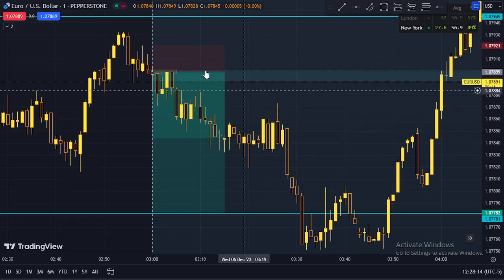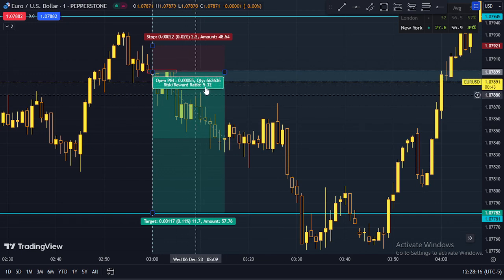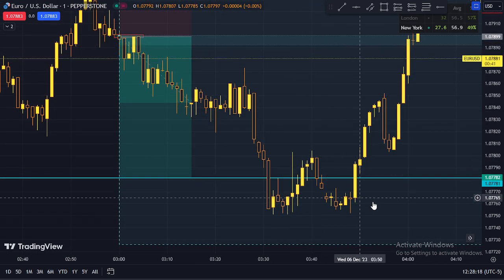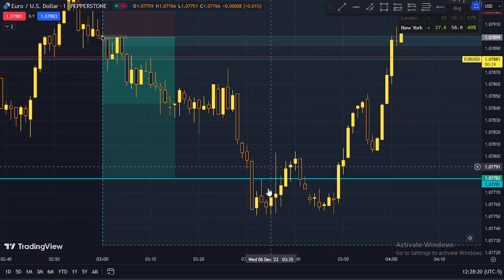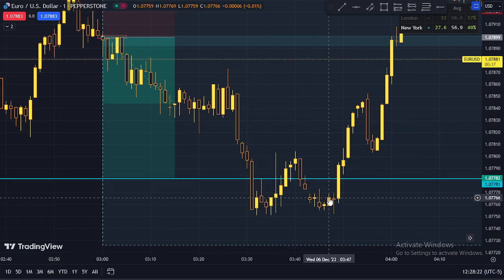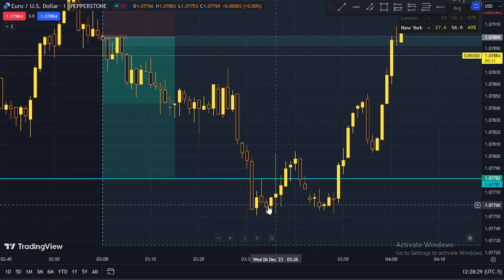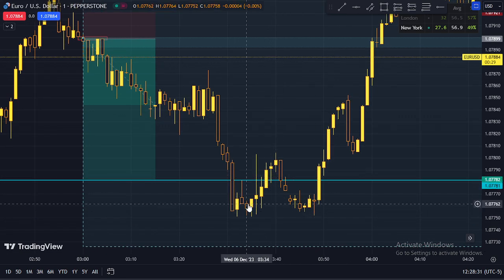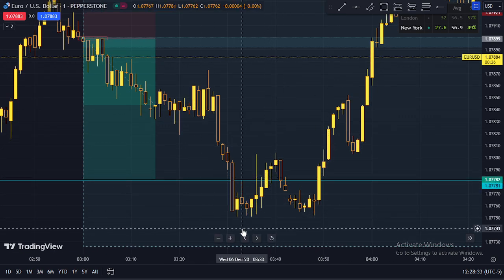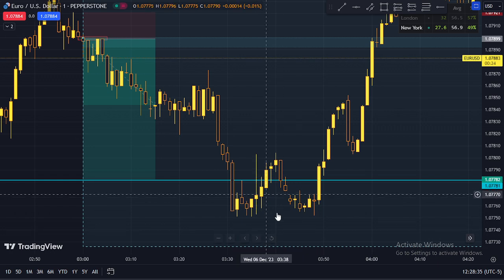So if you did not get this trade, there was yet another trade after the buy side, the sell side has been taken right here. So this is around 3:46 there. So after you've seen the sell side being taken, you could be framing some entries down here.